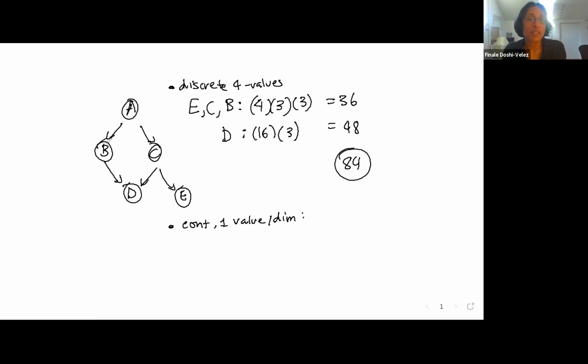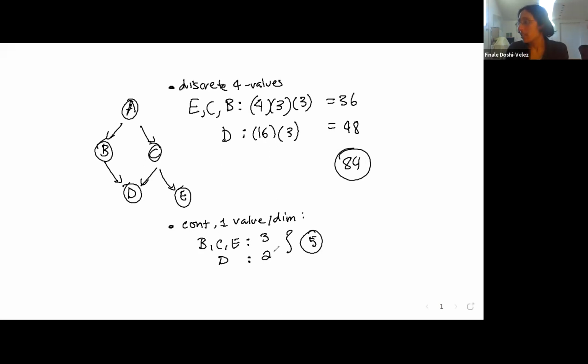In this case, E, B, C are all going to be the same again. They only need 1 parameter because they only have 1 parent. D is going to need 2 parameters because it has 2 parents. It's all linear, right? So it's just a coefficient on B and a coefficient on C. We end up with 5.